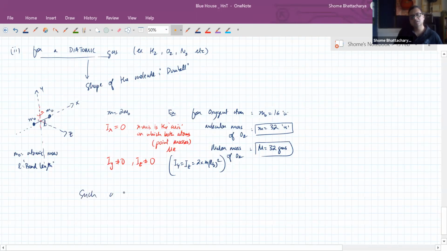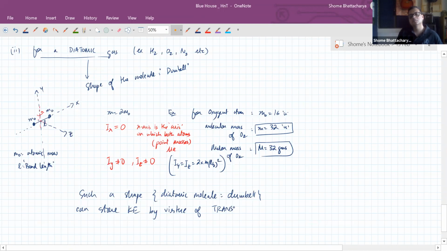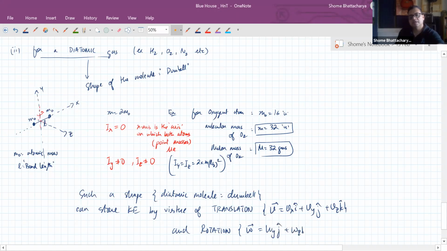Okay. So such a shape, that is diatomic molecule shape, it's a dumbbell shape, can store kinetic energy by virtue of translation, where its velocity has 3 degrees of freedom, okay, and rotation, okay, but the angular velocity is the sum of angular velocity about the y-axis and about the z-axis.